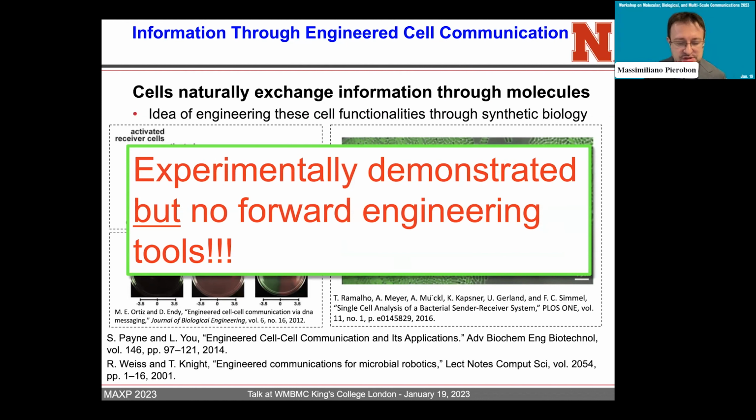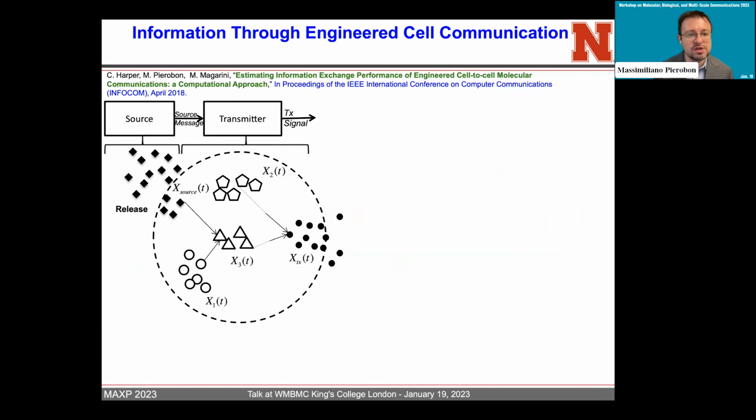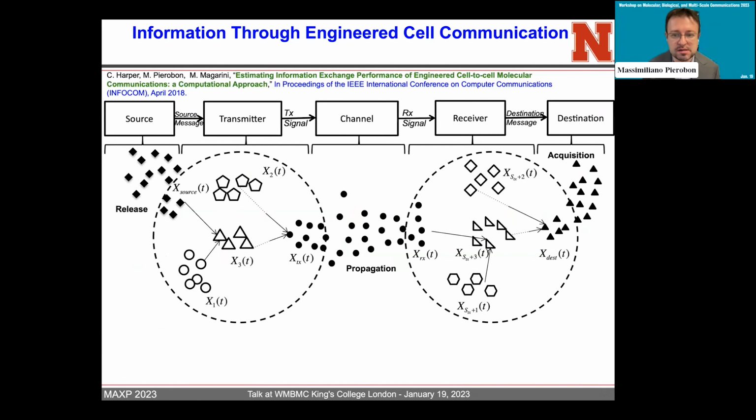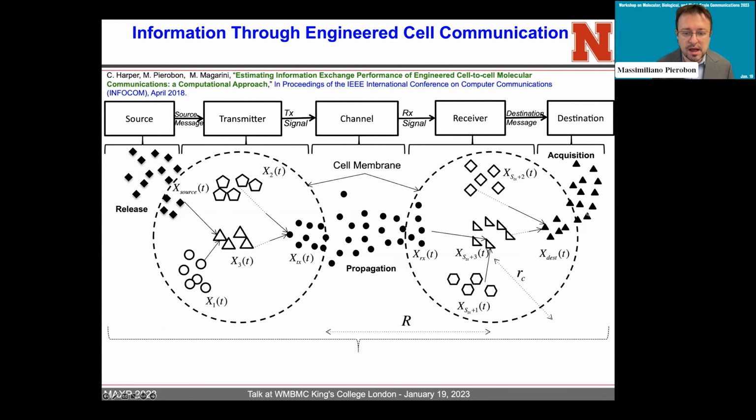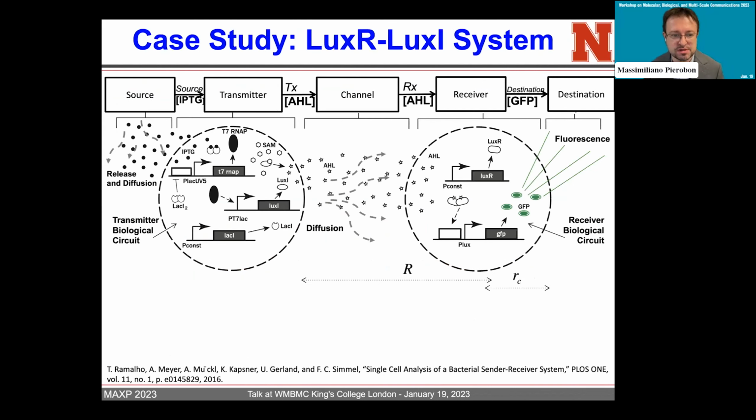For example, understanding the achievable information rate, but also understanding how much I can tweak this channel and whether I can use it for other purposes. And so we built a system model where I have two cells, a bunch of chemical reactions inside, and the transfer of information using chemicals that can cross the membrane. This model allowed us to think about how much information is delivered in bits per message between these two cells.